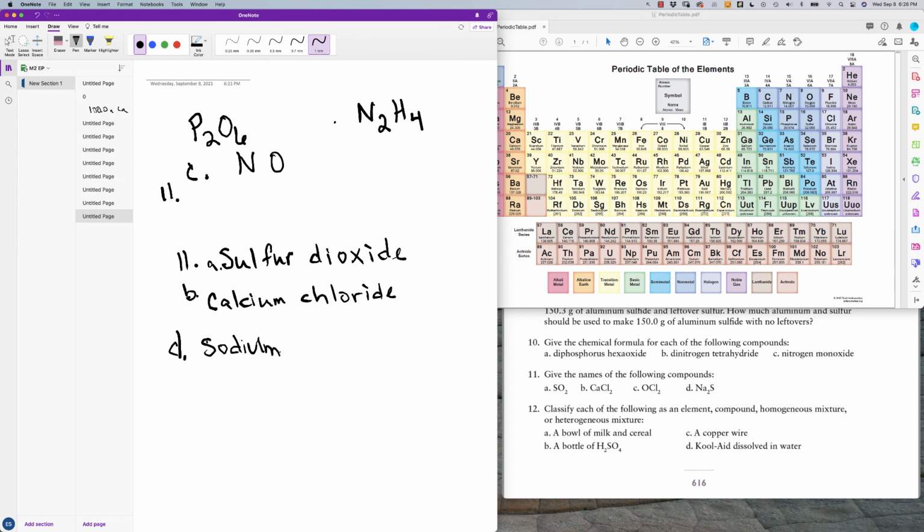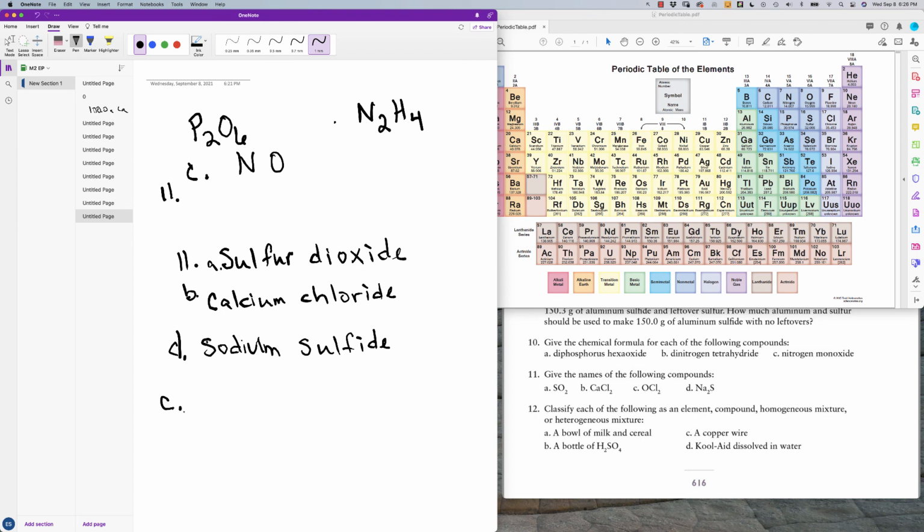And the second one is sulfur, so that becomes sulfide. Change the ending to IDE. Sodium sulfide. Let's go back to C, since I wrote the wrong thing down here.